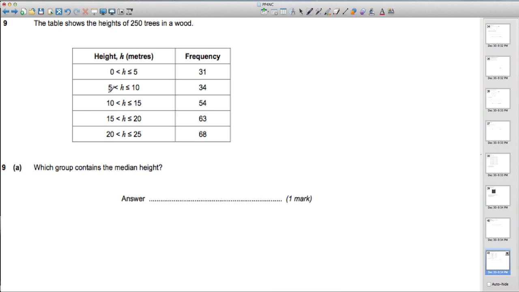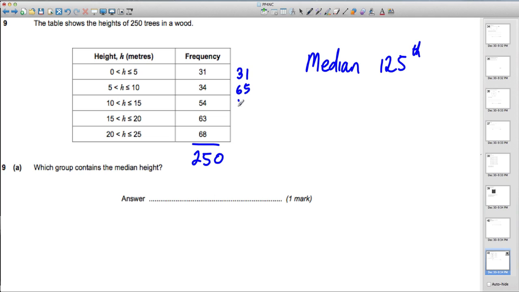Question 9. The table shows heights of 250 trees in a wood. Which group contains the median? So in total, how many trees are there? We know there are 250. The median therefore happens at about the 125th position. So this is 31. This here would be 65 plus 54.